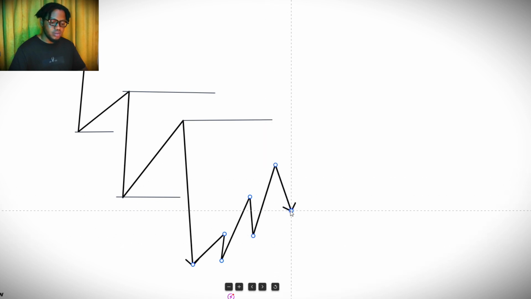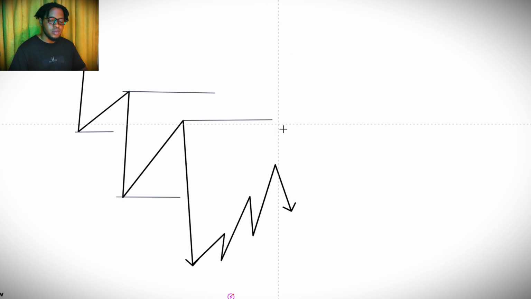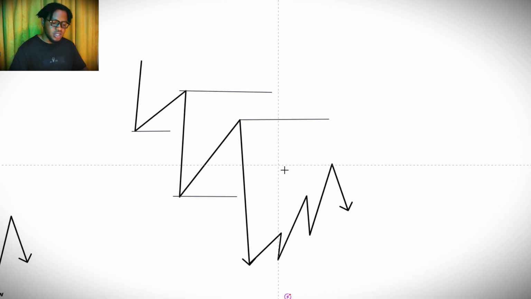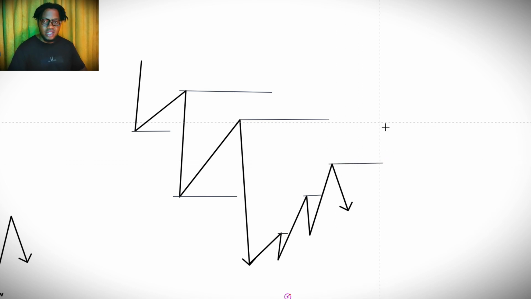Like this, there is inducement above, like this, and even like this. These are traps set by smart money.